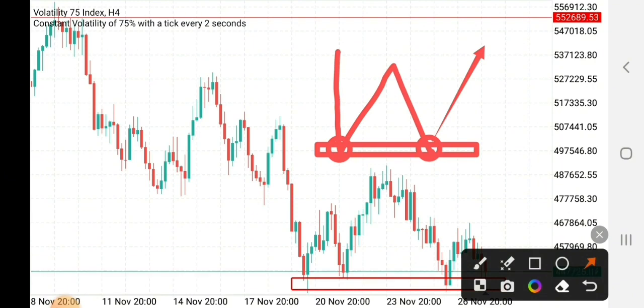Now, another thing you need to understand is that this is on a higher time frame, which is 4 hours time frame, right? So if you are taking this, let's even say that this particular pattern is going to work, but you are taking it on a higher time frame, which could be dangerous to your account, because if you enter that trade on 4 hours time frame at any position, maybe around when you maybe have a candlestick pattern, anything like that, your stop loss should be here below this level, and at the end of the day, you might discover that you are risking high because you are trading on a higher time frame.